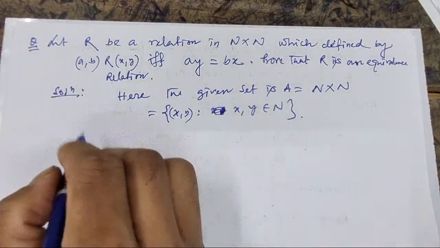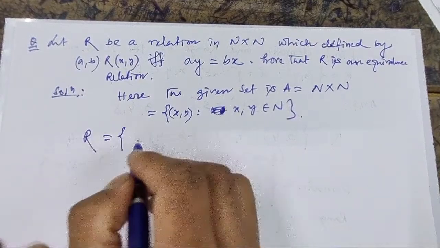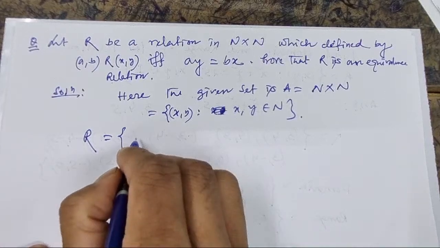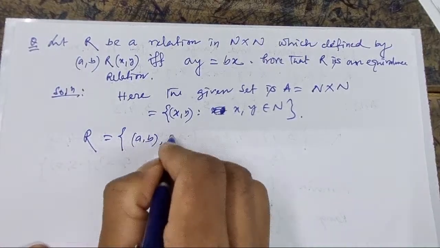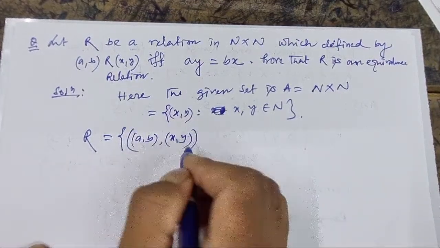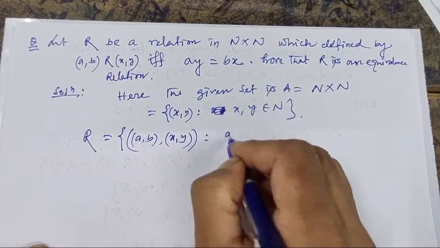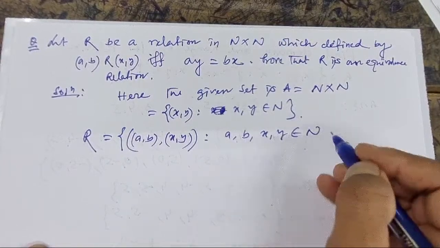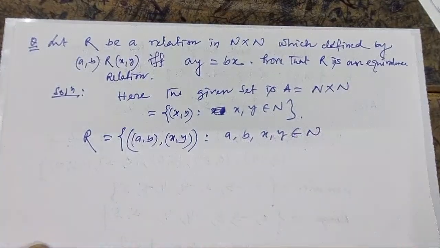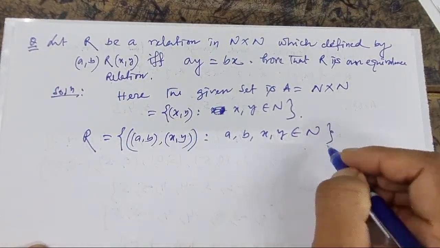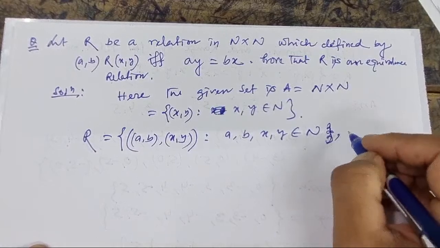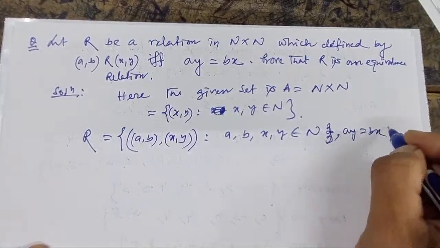And the operation you are doing, that means the relation here, is (a, b) R (x, y) such that a, b, x, y all belong to N, or (a, b) belongs to N cross N. It is not completed: it is given in the format ay = bx.